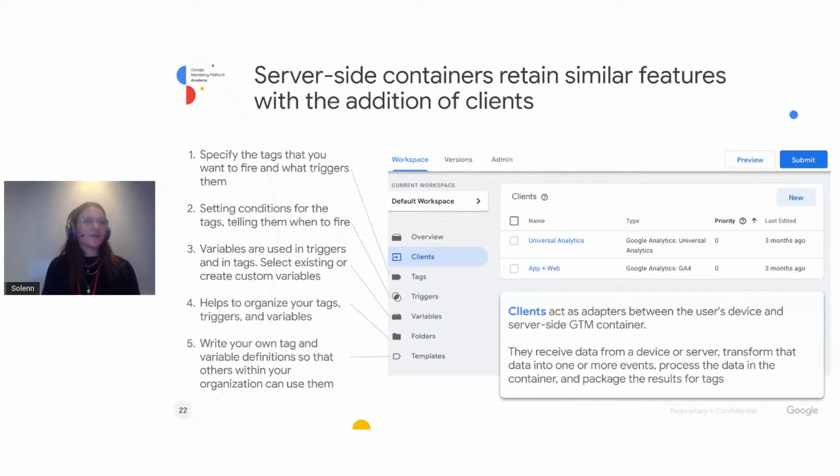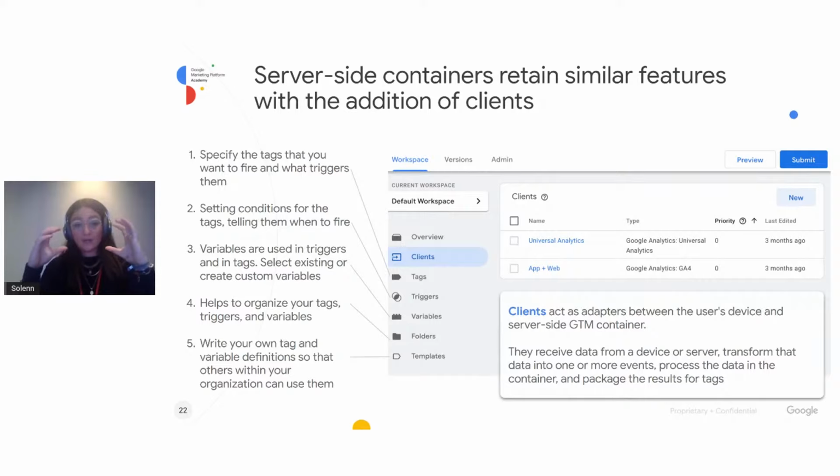And once the client actually claims a request, it creates a virtual container, and then it checks all the tags and triggers and sees which tags and triggers fit the particular client's request. So that's how it works. And then tags.